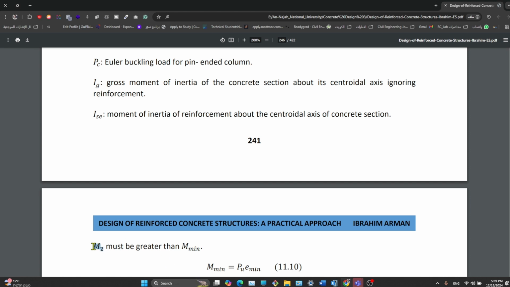Now M2 is computed. Now we need to compute M minimum. M2 in all cases must be greater than M minimum, okay? Which means M minimum should be less than or equal to M2. Is that clear?